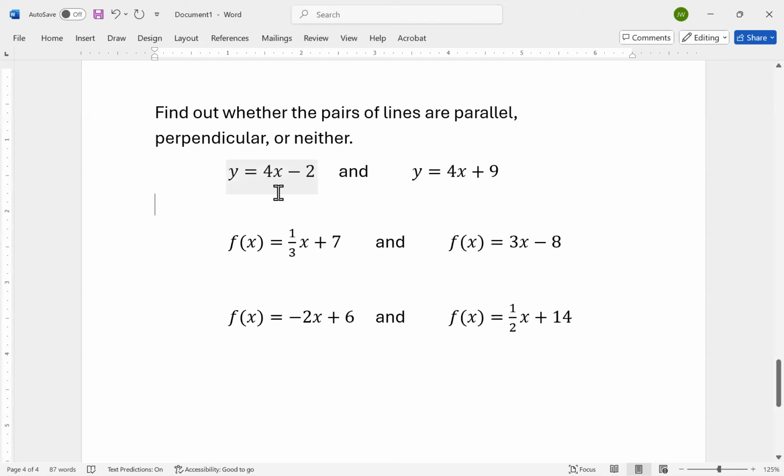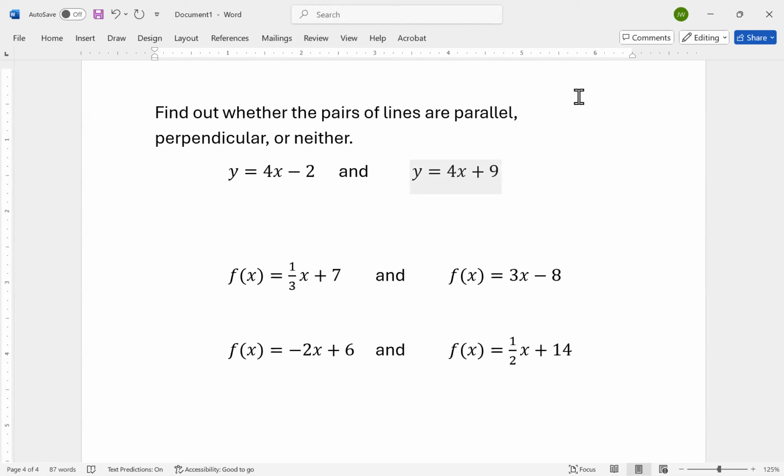Now, every line on these examples is already in slope-intercept form. We have y equals 4x minus 2 and y equals 4x plus 9 as my first pair. Both of those are already in slope-intercept form.